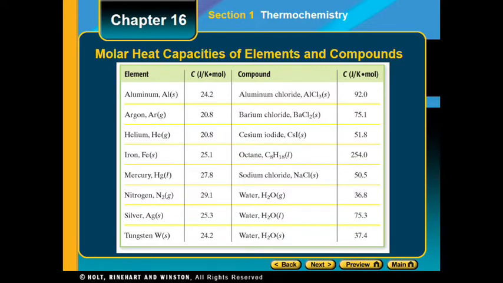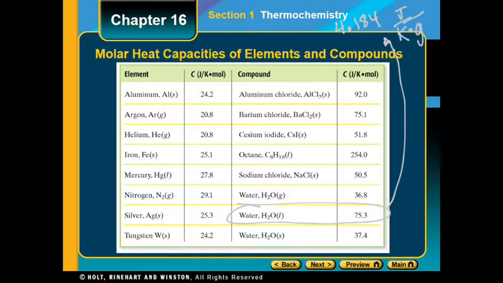Before we get into our first sample problem, I did want to bring this back up here because you will see us talking about water often. They do give the molar heat capacity of water. I want to focus on water in the liquid phase right here. For water in the liquid phase, if I gave you just its typical heat capacity, it would be 4.184, and that would be joules per Kelvin gram.